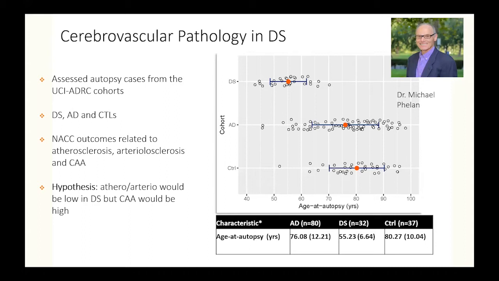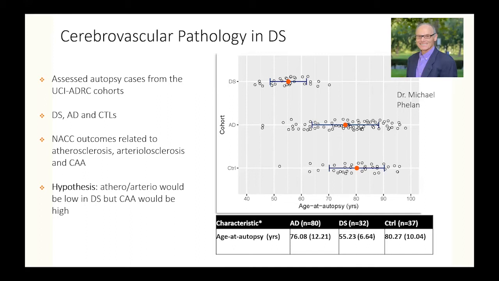So we always have this age issue, that it's hard to control for age across these groups. But nonetheless, we had a pretty good sample size of 32 autopsy cases with Down syndrome with vascular data on it, and specifically focused on atherosclerosis in the circle of Willis, arteriolosclerosis, and cerebral amyloid angiopathy.